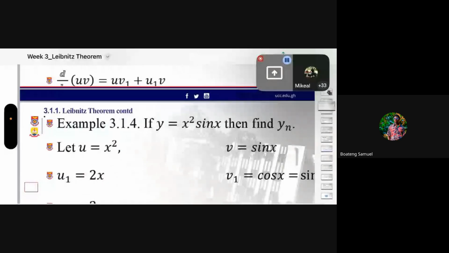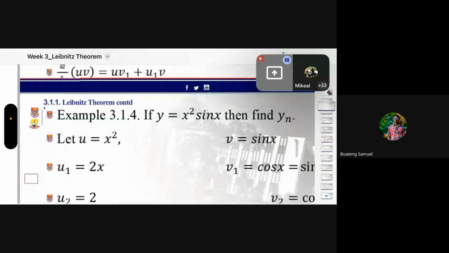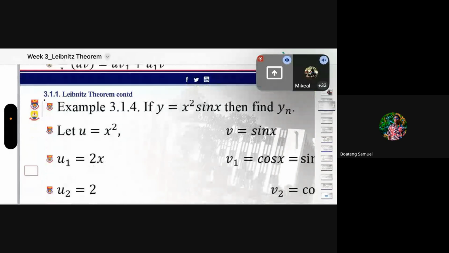The first term will be n combination 0, u v subscript n, plus the second one will be n combination 1, u subscript 1, v subscript n minus 1, so you will start increasing, and it will continue until the last term, which will be u subscript n v.